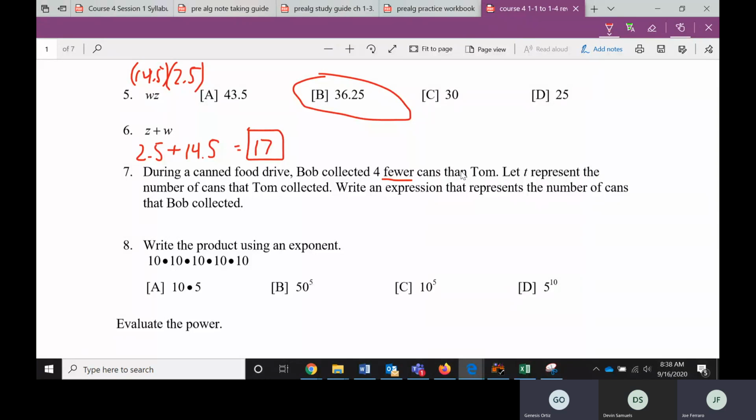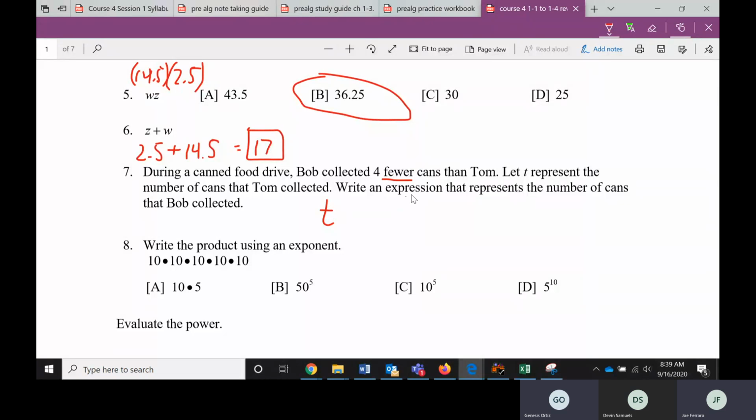Sometimes it doesn't make sense how to use this letter in an expression. Put a number in for Tom. Say Tom had 10. What would Bob have? If Tom had 10, Bob has 4 fewer, so you would have 6. The way you did that is 10 minus 4 equals 6.